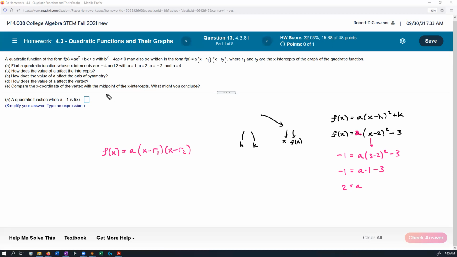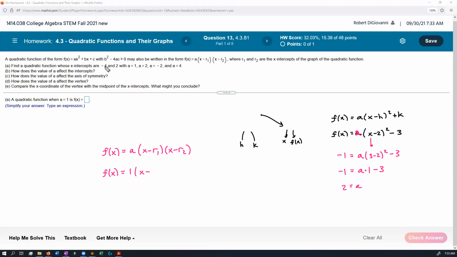So first, they want us to figure out what the function would look like if the x-intercepts were -4 and 2. Let's start with a being 1. That's what they have here. So if a is 1, it's 1. And then x minus R1.